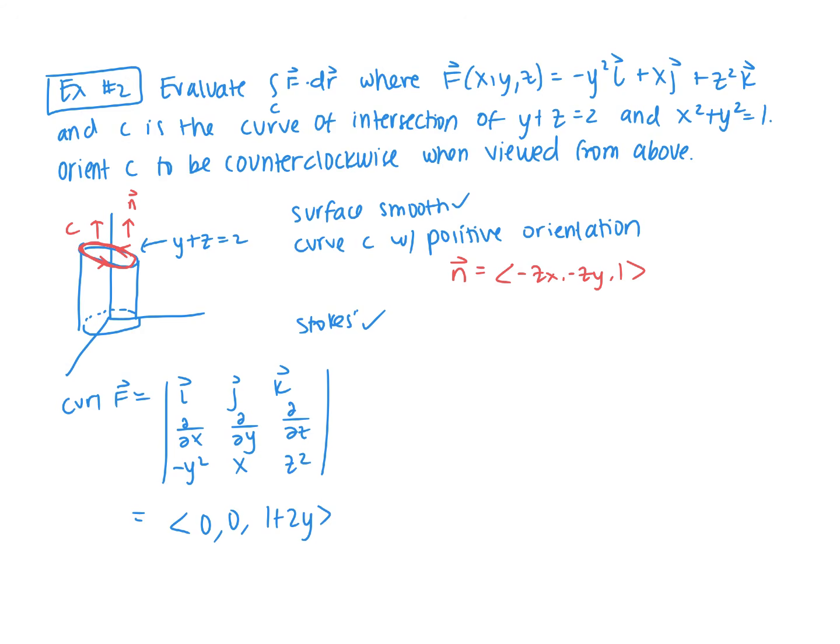Finding our n, our n is going to be based off of our z surface. So if we take that y plus z equals 2, that tells us that z equals 2 minus y. So our n then will be 0, 1, 1.